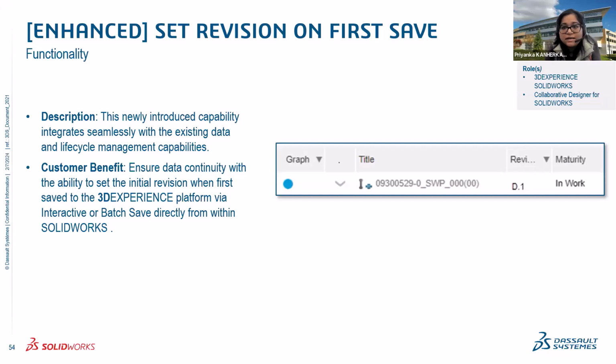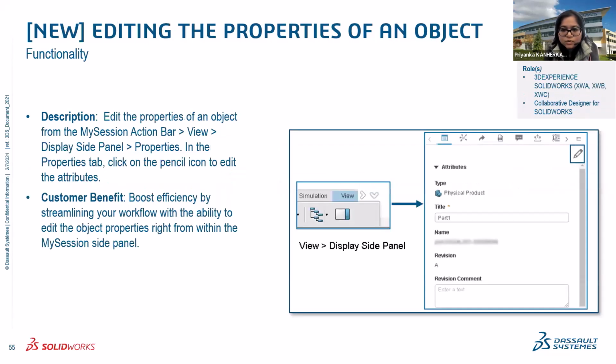So basically, the design intent of the legacy and the new data is now preserved. With this capability to set the initial revision when the data is first saved to the platform, this feature is accessible through interactive or batch save.